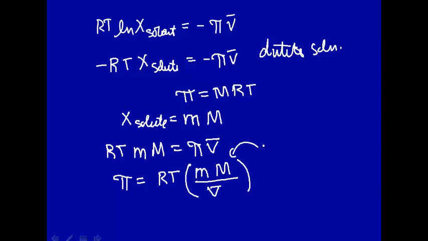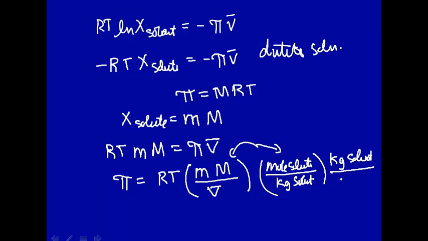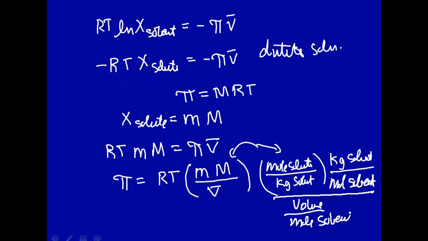Now let's look at these terms in particular. Let's put some units on here. The molality is mole of solute per kilogram of solvent. The molar mass is, we'll put an SI unit, kilogram of solvent over mole of solvent, and the molar volume is the volume per mole of solvent, because remember, the solvent is the one that's moving back and forth.